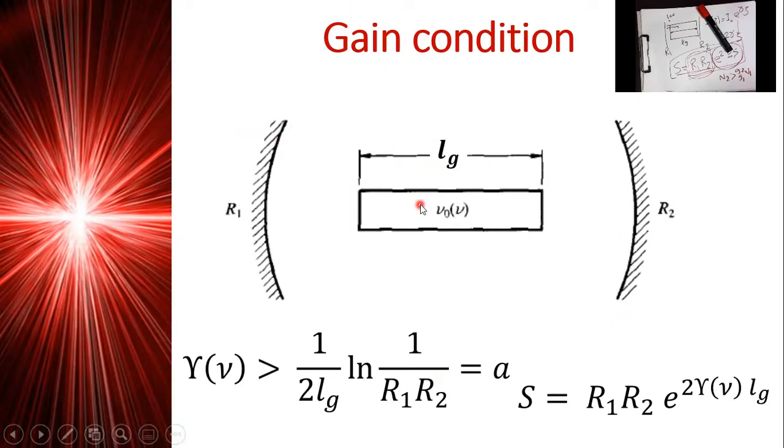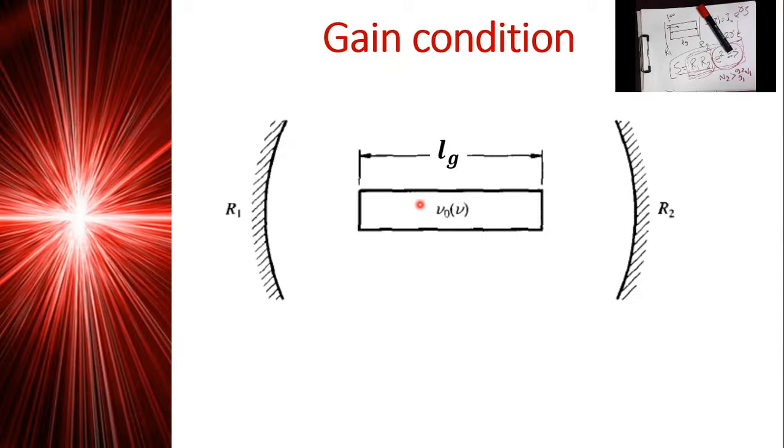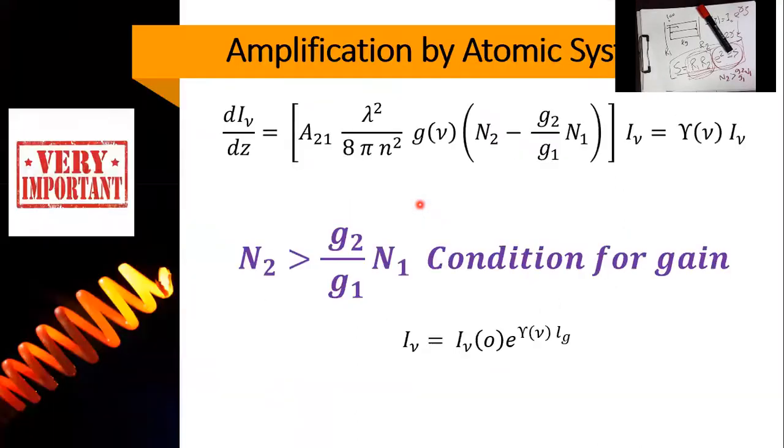But please, my dear students, take care. Here we have two conditions. Both are important. The first is this condition. This condition is the condition used to make gamma positive. It's a material dependent condition, not a system dependent condition.